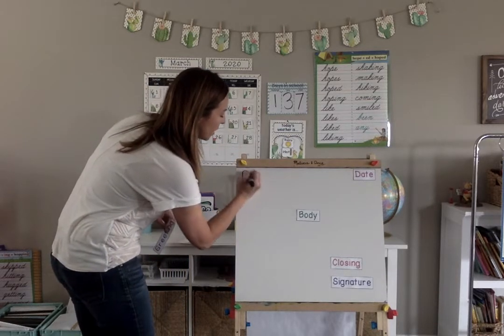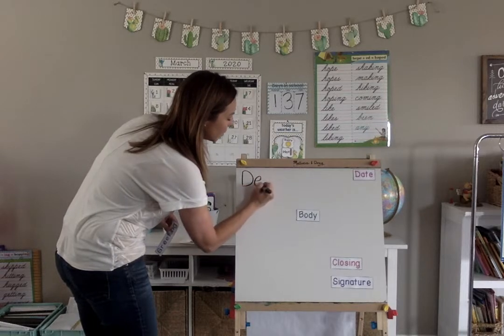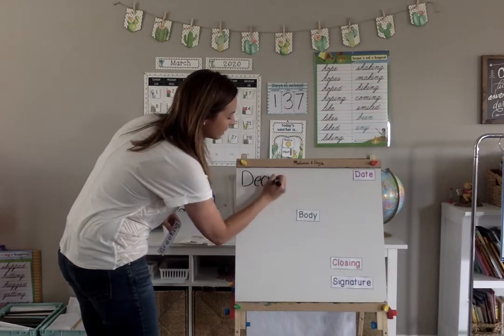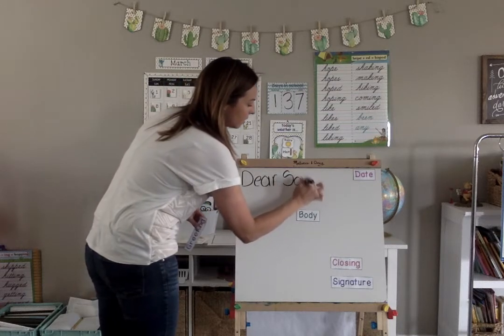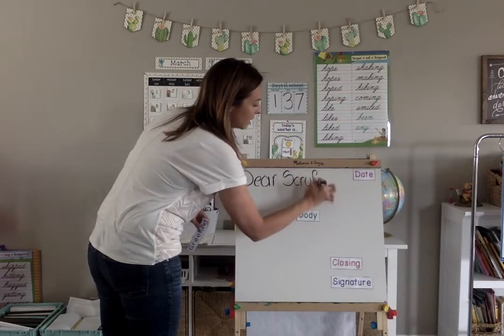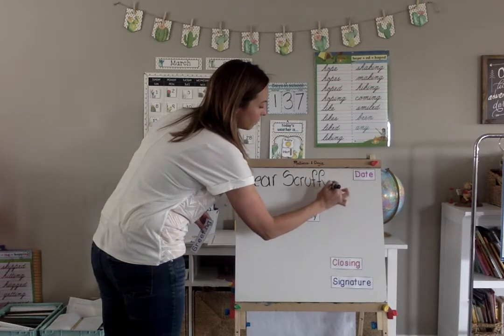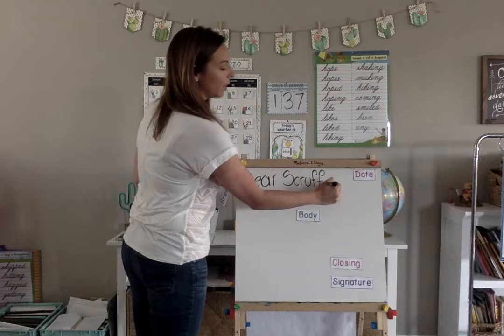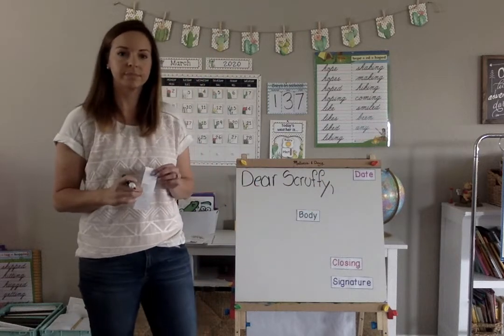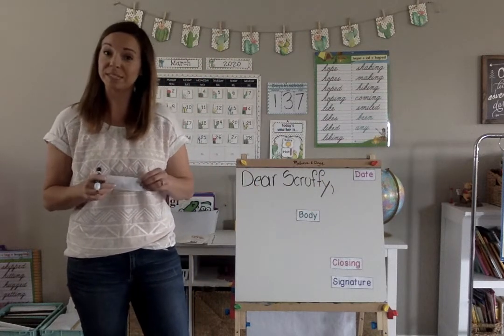So you can go ahead on your paper, write Dear Scruffy. You can look at my whiteboard to see how you spell Scruffy. Now after we write the person's name, we always put a comma, because you're not done talking to them, you still have more to say.